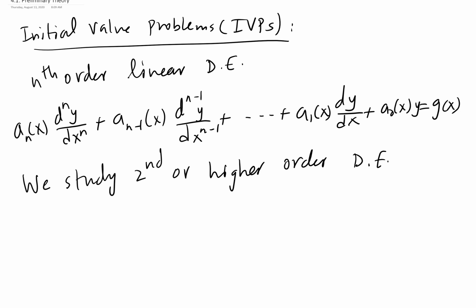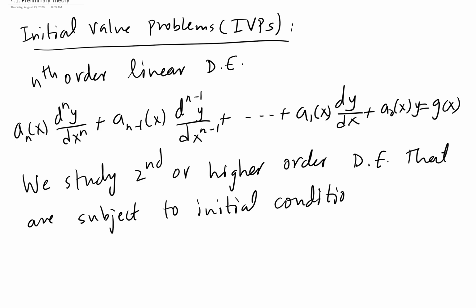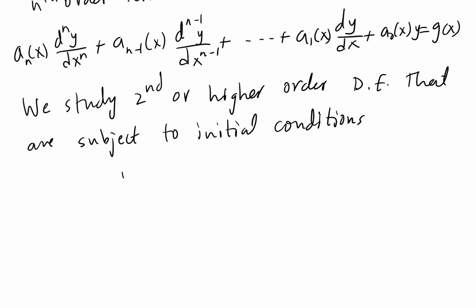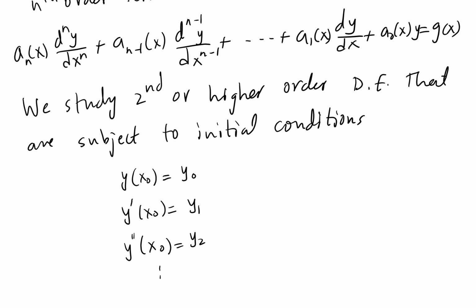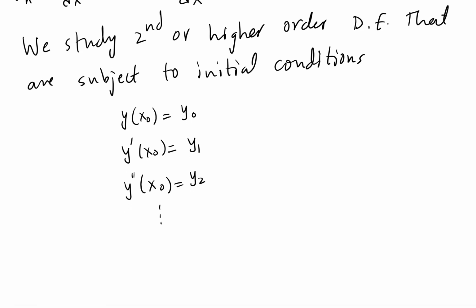And this kind of differential equation is subject to the initial condition, or initial conditions, defined as y of x0 equals y0, y prime of x0 equals y1, y double prime of x0 equals y2, all the way down to the (n minus 1)th derivative of y at x0 equals y sub n minus 1.